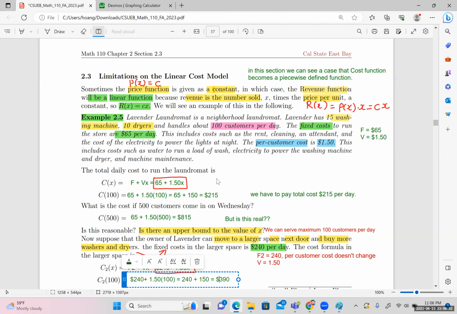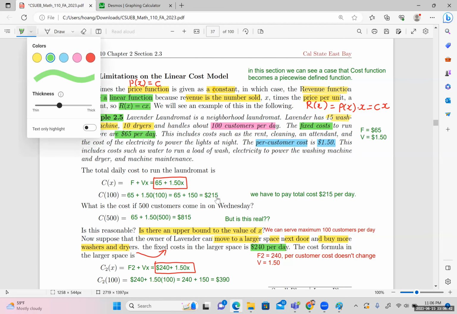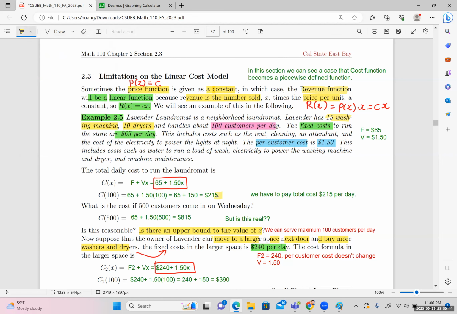Because you see it's worth just $215 for the first case when you don't extend, but after that you pay $390 if you still have the same amount of customers after you extend to the larger space.